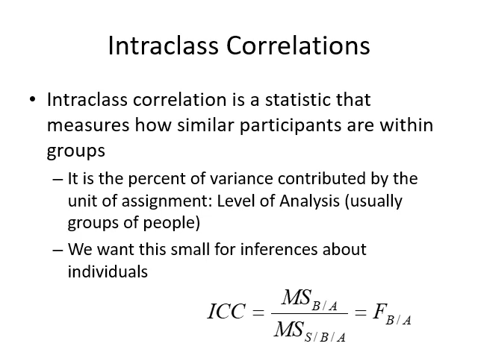So intra-class correlation is a statistic that measures how similar participants are within groups. It's looking at within each cluster or each stacked group or each condition, are we finding similar variance? Are we finding similar top and bottom performance? It is a percentage of variance contributed by the unit of assignment, the level of analysis, which is usually groups of people, and we want this small for inferences about individuals.